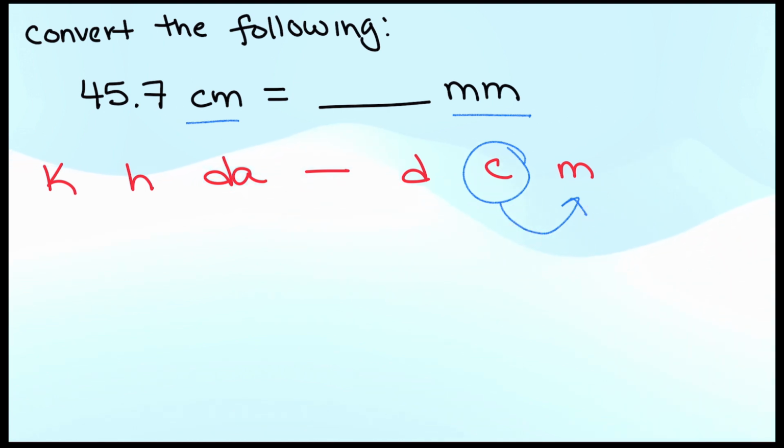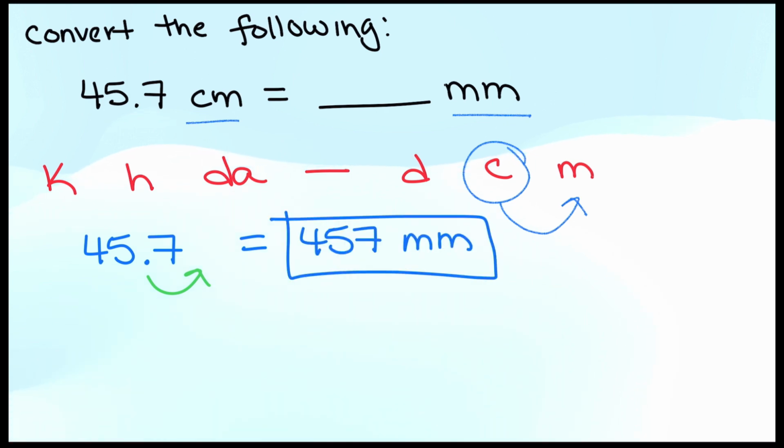So that means if I want to convert centimeters to millimeters, I can take my decimal and move it over to the right one place. And that's exactly what I'm going to do. So 45.7, I'm going to take that decimal, move it over one place to the right, and that gives me 457 millimeters.